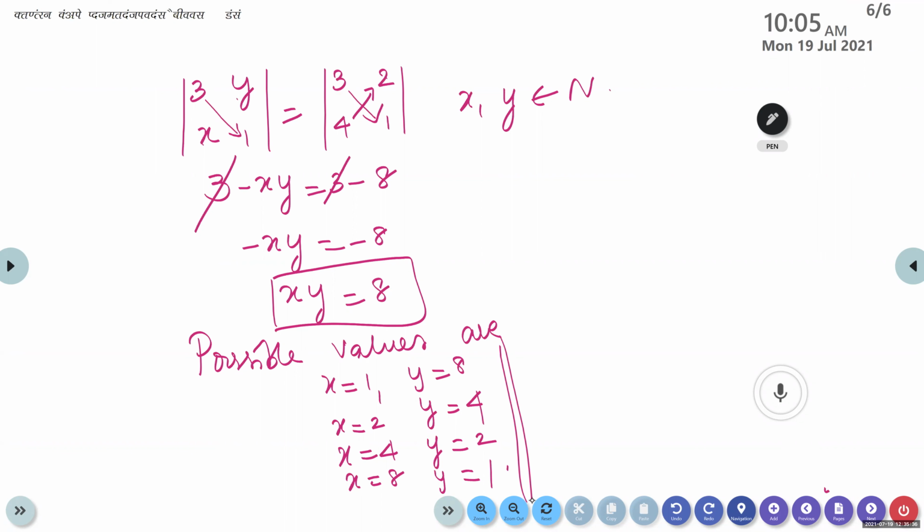Ma'am, third identity. Yes, Shubham? Ma'am, we have to use the third one. Not the third one. These are the 4 cases you will get. The possible values we get in 4 ways. Not one solution. Here we are getting 4 different solutions.